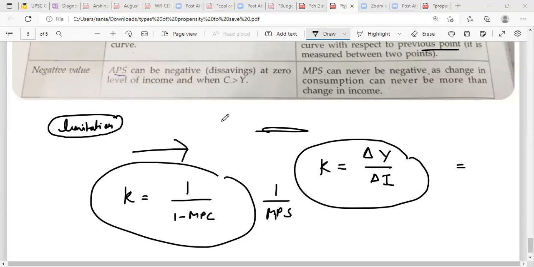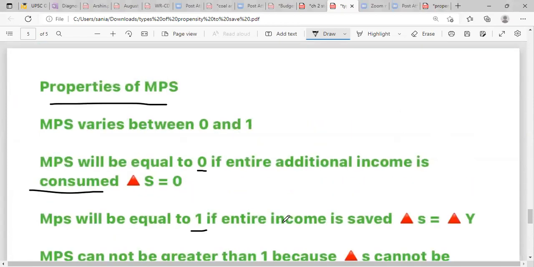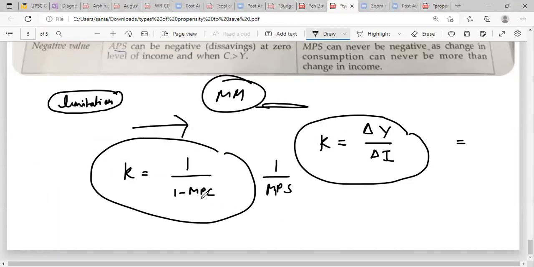This is different, this is the investment multiplier. So no need to worry about it. We'll be doing it. And Sana, you already know how to find out MPS and MPC, you have the formulas, so no need to worry. Just remember these 2 formulas. Wherever you are getting it, either these entries will be given or this.